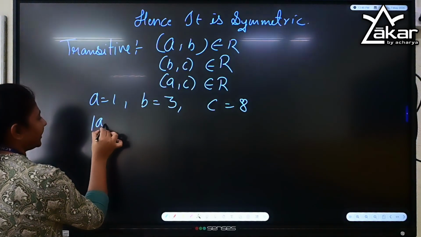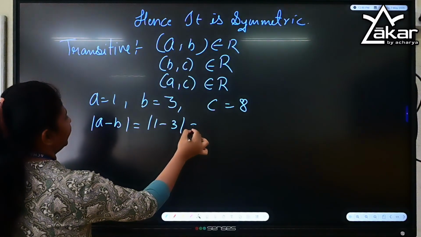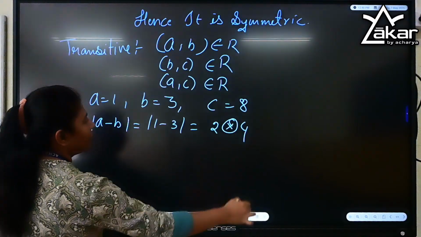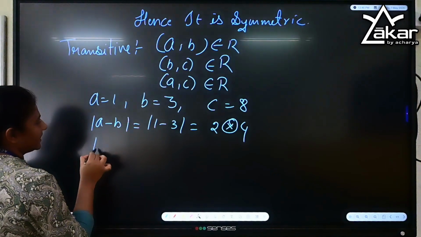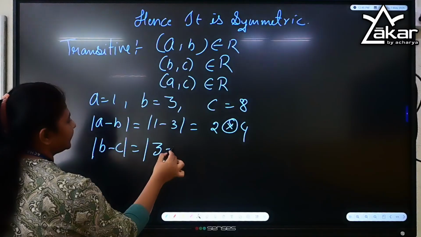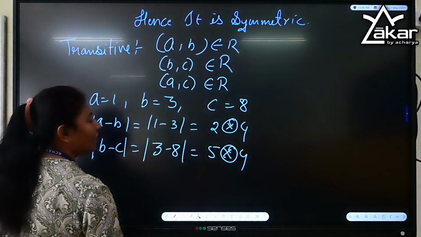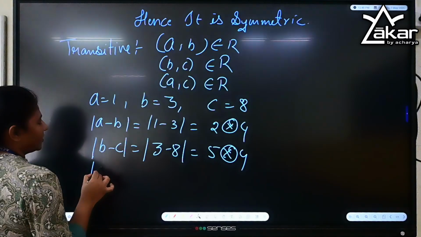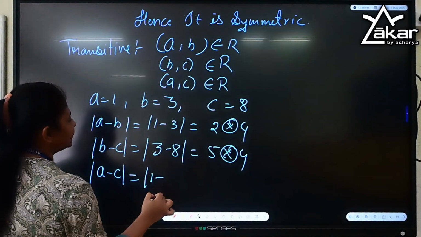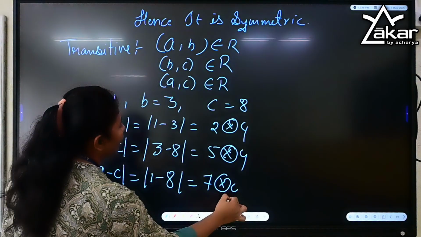Mod of a minus b, which is mod of 1 minus 3, equals 2. It is a multiple of 4. Next, mod of b minus c, the value of 3 minus 8, equals 5, a multiple of 4. Again, mod of a minus c, which is 1 minus 8, equals 7, a multiple of 4.